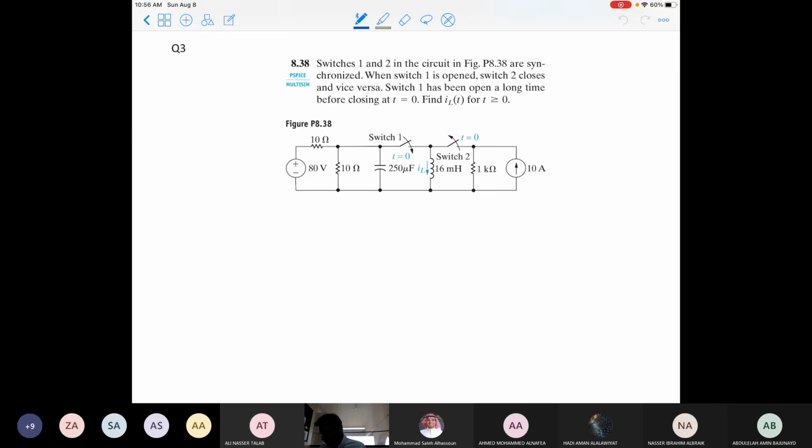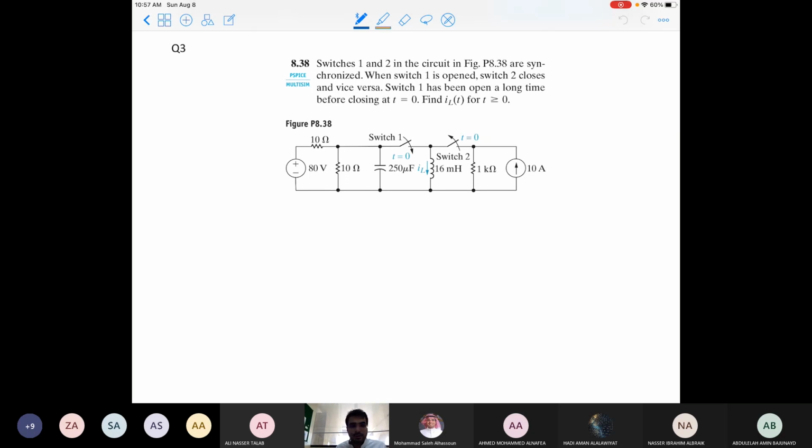For t less than 0, switch 1 was open, switch 2 was closed, meaning that the 10 ampere source is feeding the inductor. For t greater than 0, the inductor is fed by the 80 volt source.